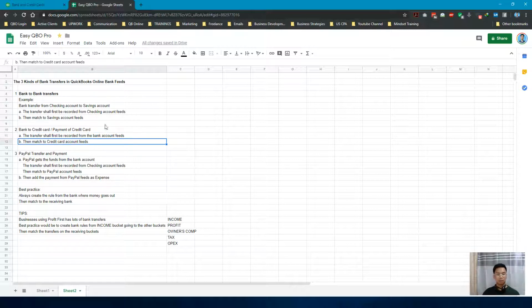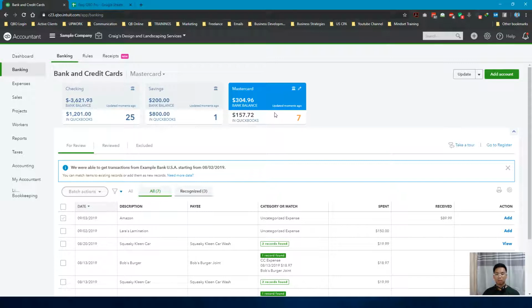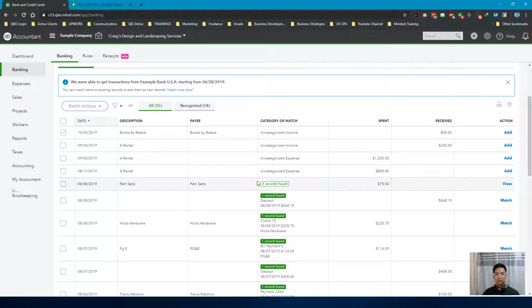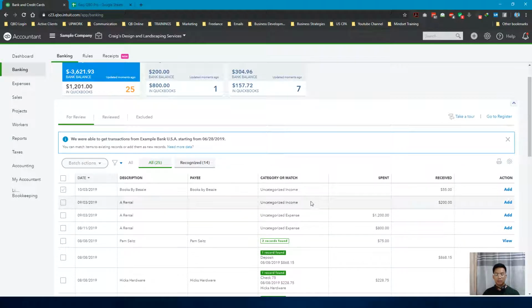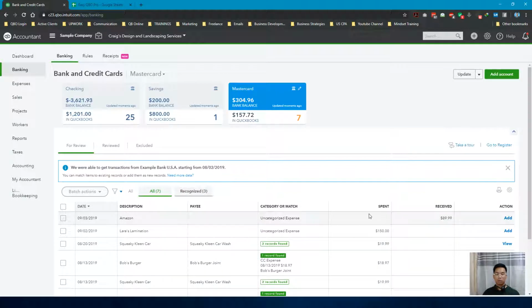Okay, so for the demonstration, we're gonna look at the bank feeds in QuickBooks Online. For example, you have paid the balance for MasterCard, and then we need to record the transfer from the checking bank feeds. And after recording or adding it here, going to the MasterCard, and then we will match the payment here on the MasterCard bank feeds.